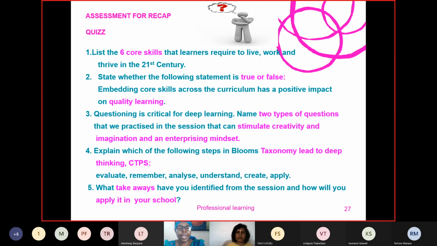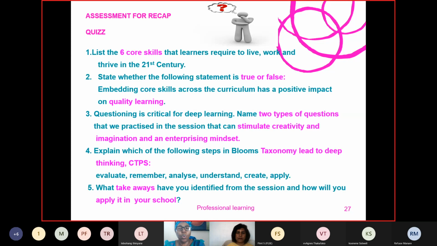Question number 4, explain which of the following steps in the Bloom's taxonomy lead to deep thinking. Those are the steps: evaluate, remember, analyze, understand, create, and apply. Which one leads to deep thinking?